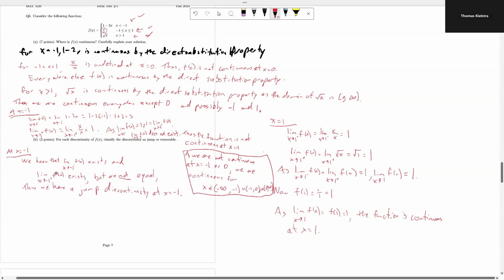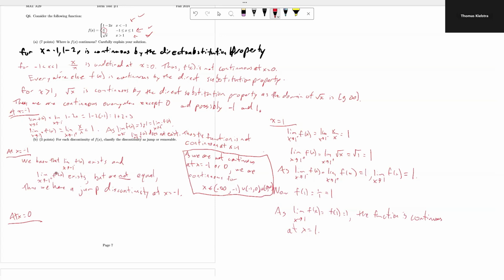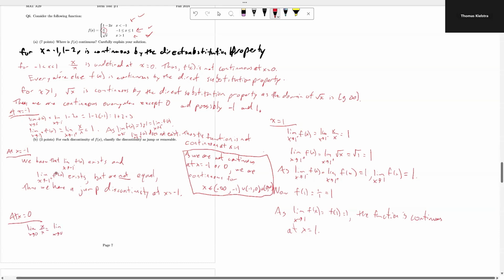At x equals 0, if the limit exists, then it's a removable discontinuity, because a jump discontinuity is where the directional limits exist, but the limit doesn't exist. In a removable discontinuity, the limit exists, but the function is not continuous. The limit as x approaches 0 of x over x equals the limit as x approaches 0 of 1, which equals 1.